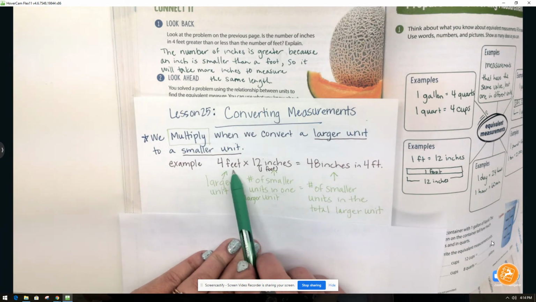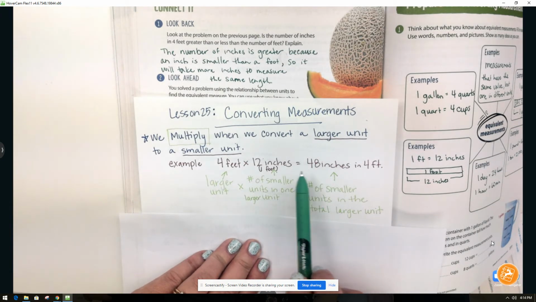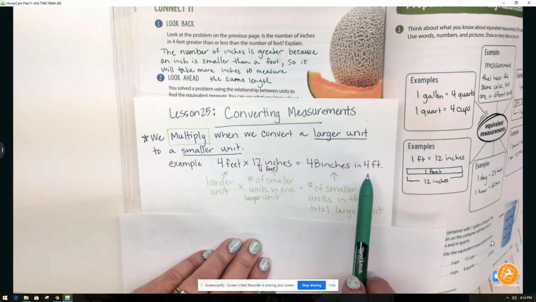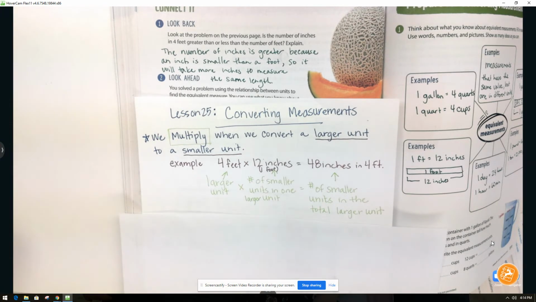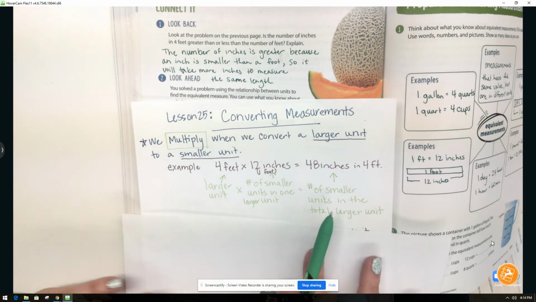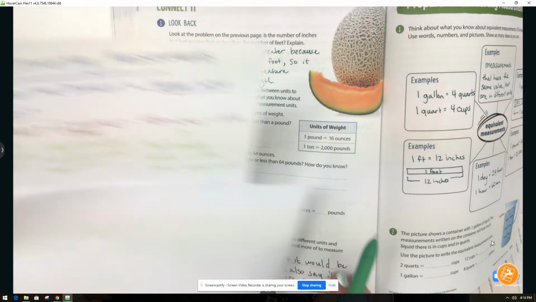So feet times inches equals more inches because there are more inches in 4 feet than there would be feet. That sounds confusing when I say it, but I promise you it's way easier than that.